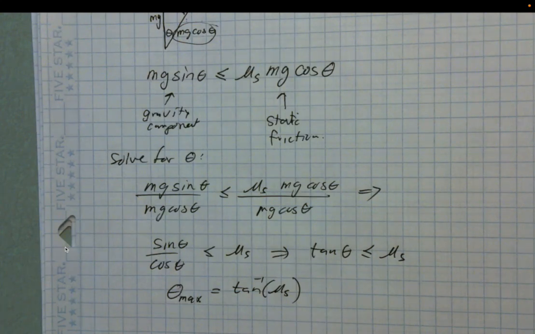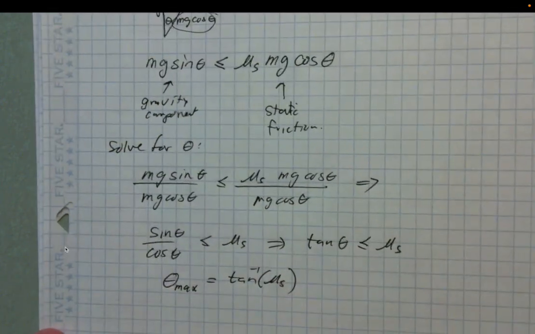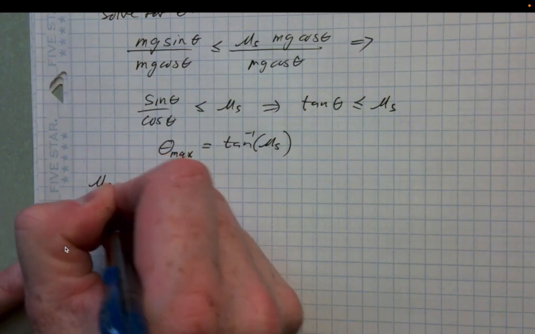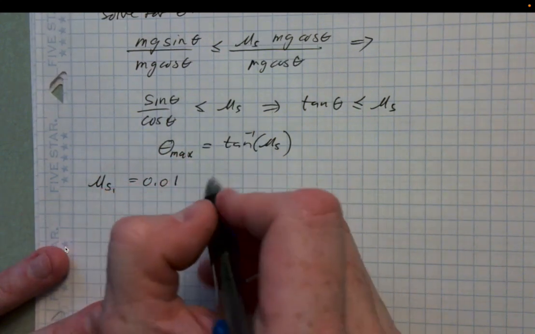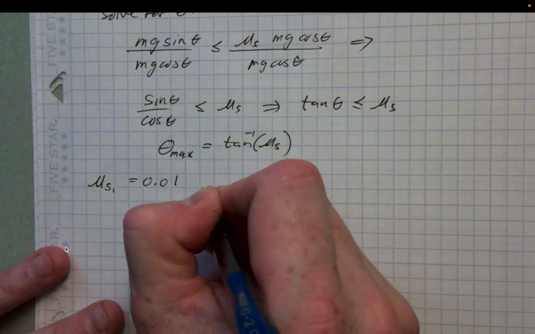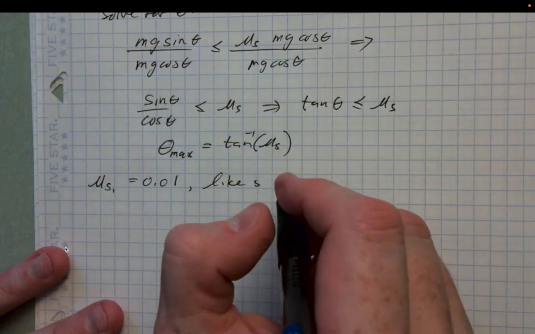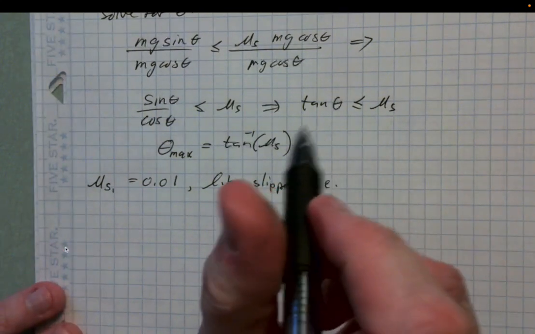Okay, so let's plug in a couple of values for mu sub s just to see what we get. Let's say mu sub s1 we'll set to 0.01, and this would be like slippery ice or something, something really slippery.